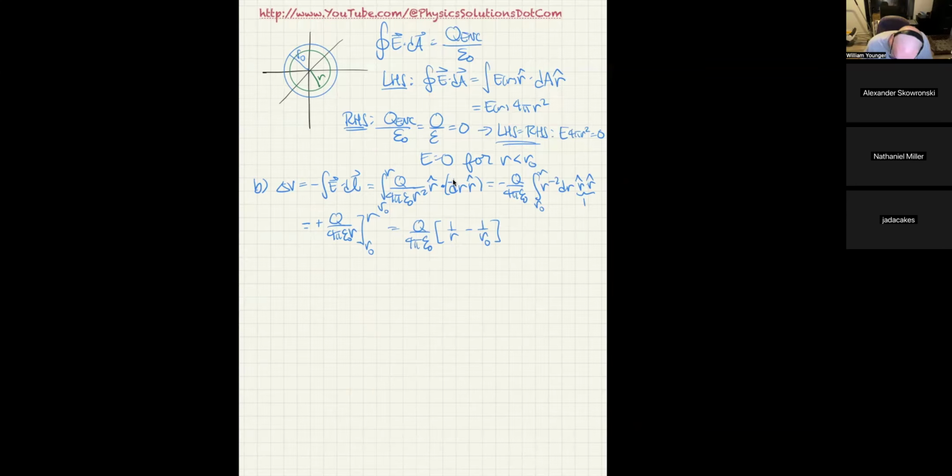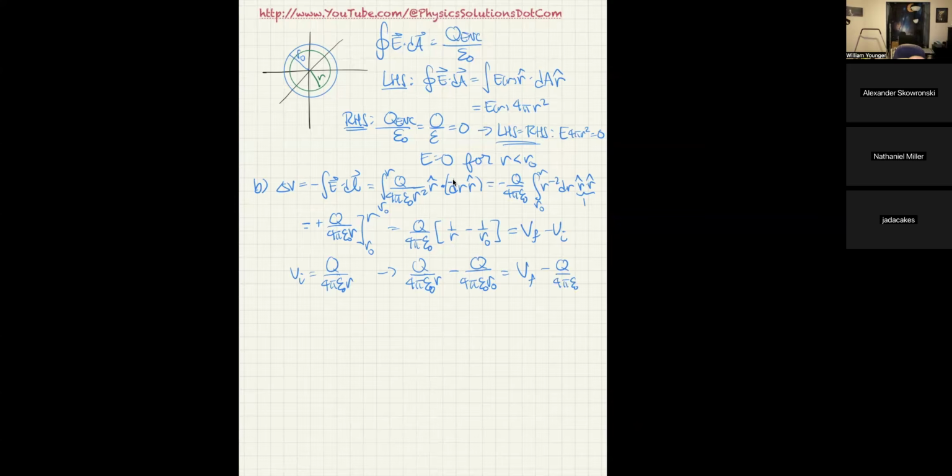Delta V is V final minus V initial. We knew that V initial was Q over 4 pi epsilon naught R. Therefore, Q over 4 pi epsilon naught R minus Q over 4 pi epsilon naught R0 is equal to V final minus Q over 4 pi epsilon naught R, because that's what the initial voltage was.